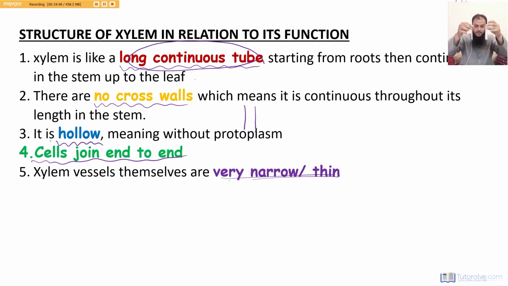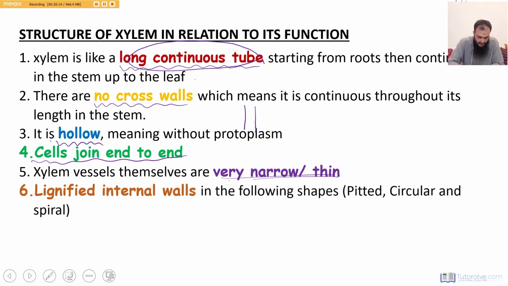If I dip both of them down for equal distance within the glass, this straw, which is thinner, the water level would rise more as compared to this one. This phenomenon of water rising more in thin vessels is known as capillarity. Okay, so this is how it helps in the function of the xylem.